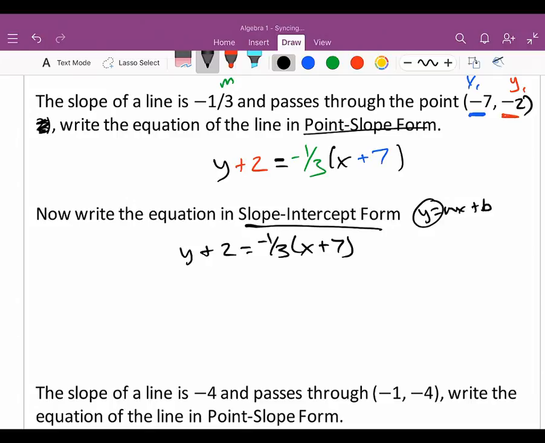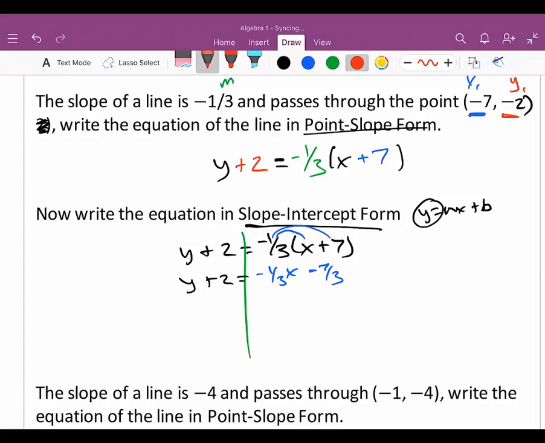Negative 1/3 times x is just going to give me negative 1/3 x. Negative 1/3 times 7 is going to be minus 7/3. And then, of course, bring down the y plus 2.